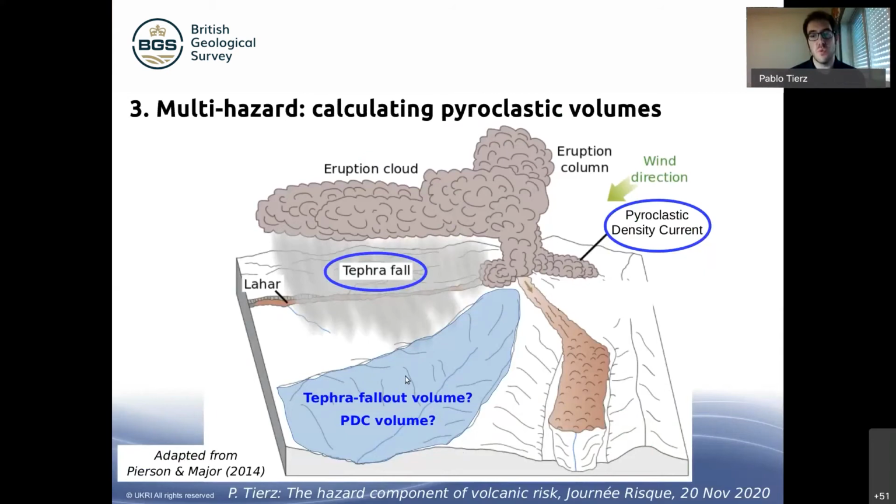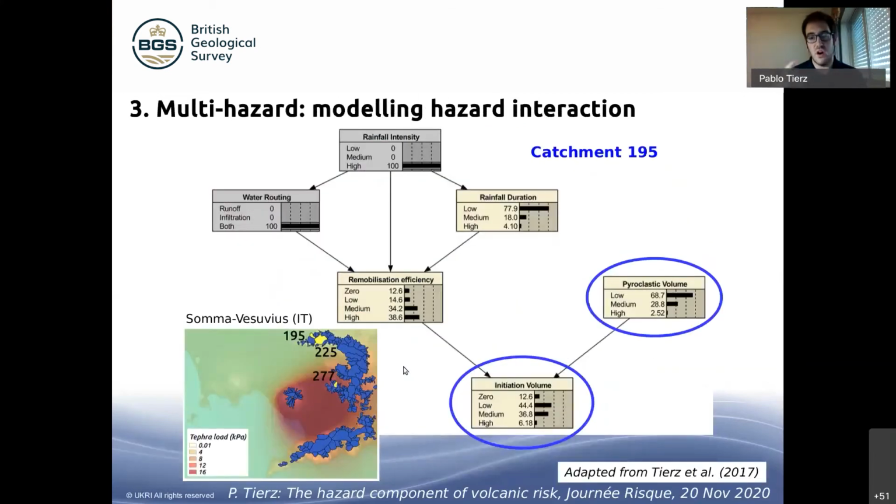so basically what we want to do is to assess the aleatory variability in terms of the volume that may be available at a given catchment around the volcano due to deposition from tephra fallout and pyroclastic density currents. So we model this process and compute this aleatory uncertainty in terms of the availability of pyroclastic volume at different catchments.